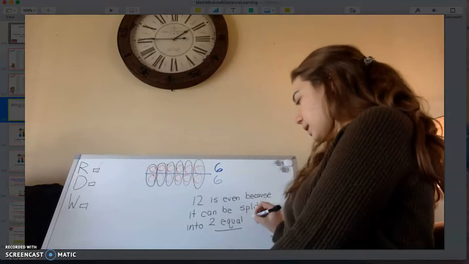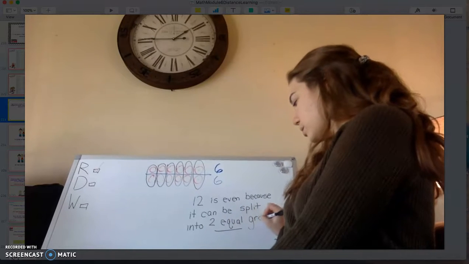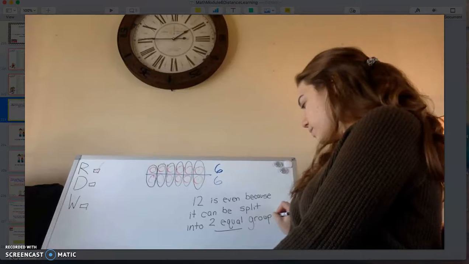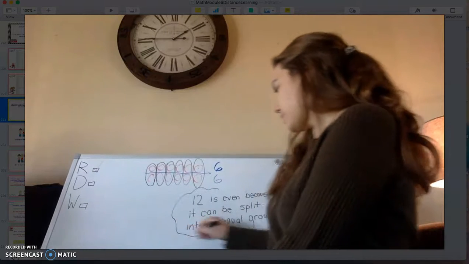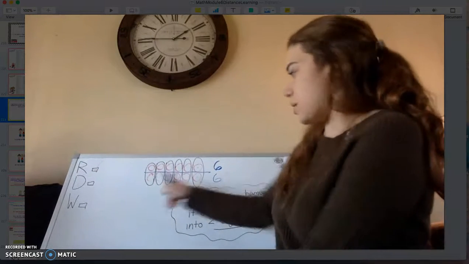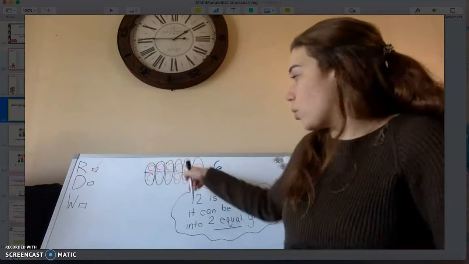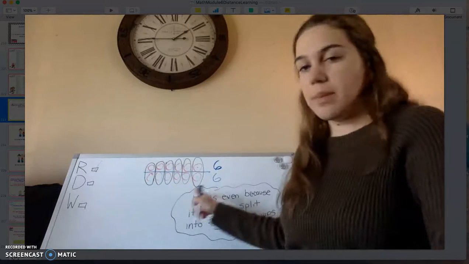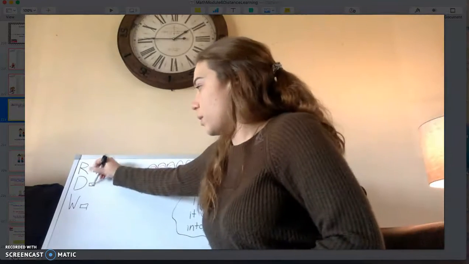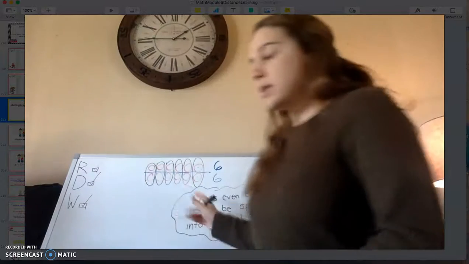Our keyword here is groups. Put a period and into the cloud. So not only did I show this in words, I also showed it in a picture. So we've read our problem, we've drawn our picture, and now we've written our sentence.